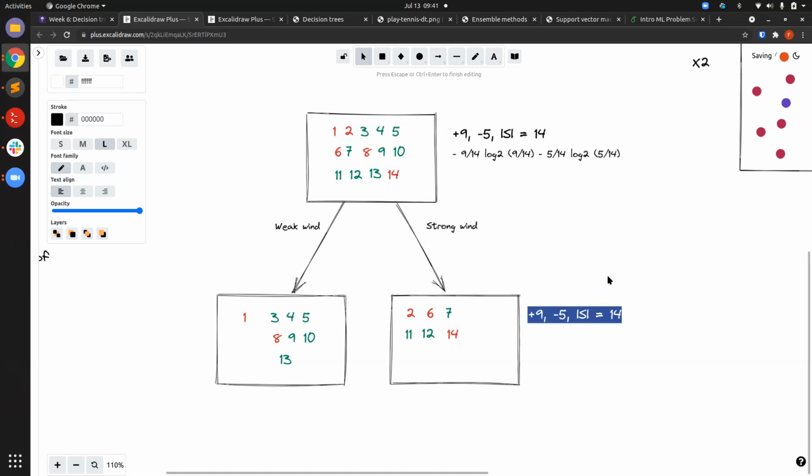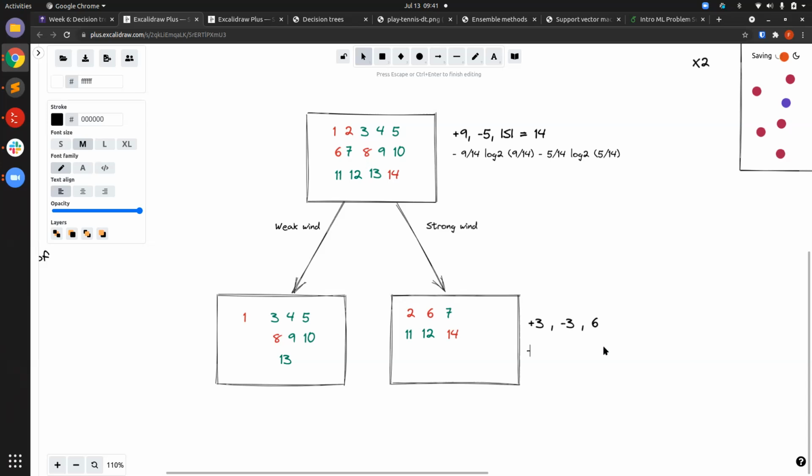How many positive, negative, and total samples do I have in the strong wind branch now? We have 3 positive, 3 negative, and 6 total samples.